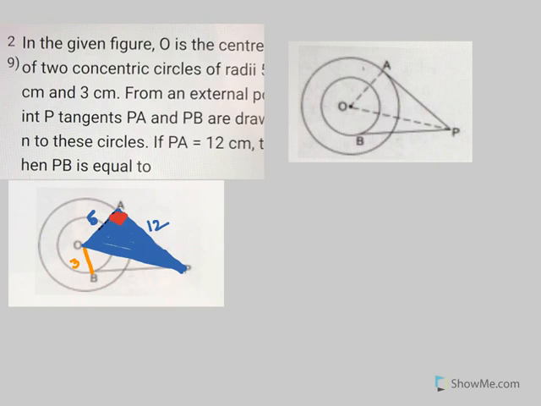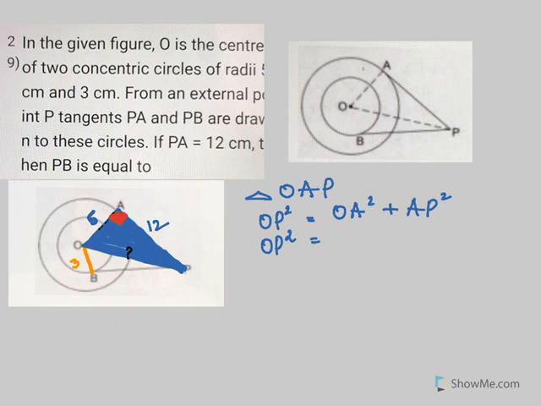So let's start. Now we have triangle OAP. So OP square, which is the hypotenuse, equals OA square plus AP square. Put the values. OP we do not know, this is the question.